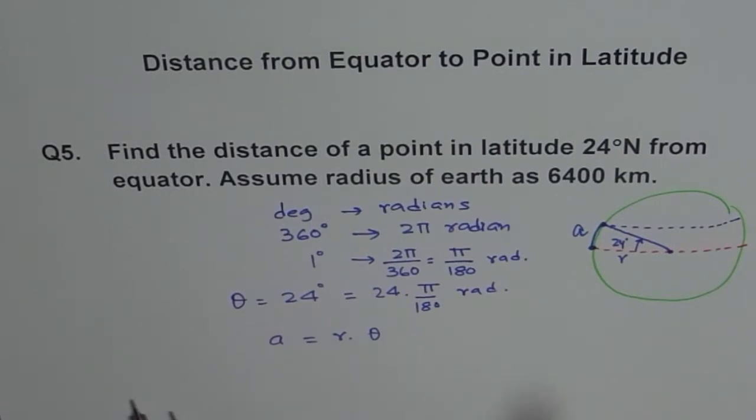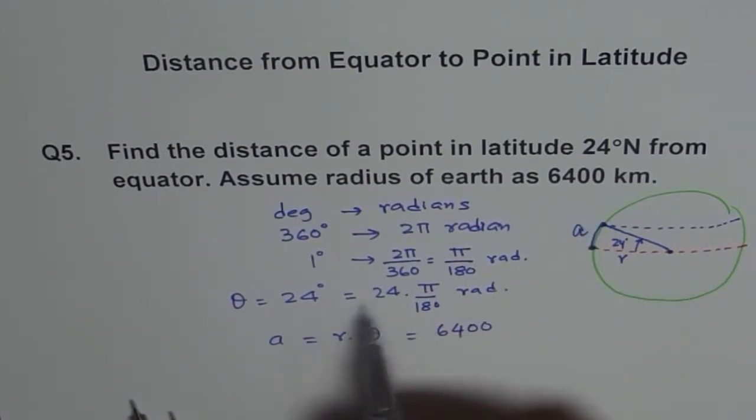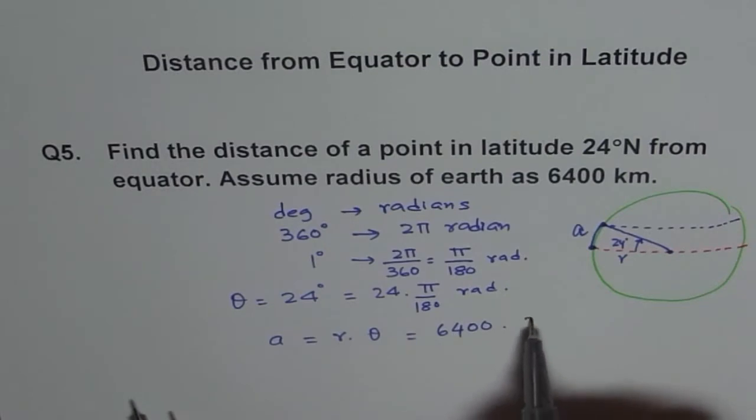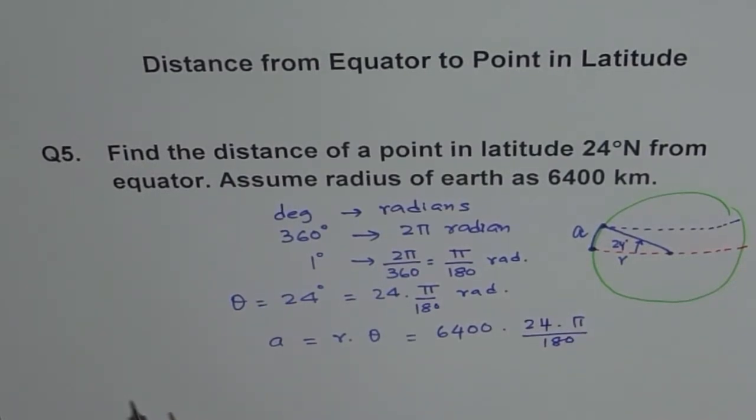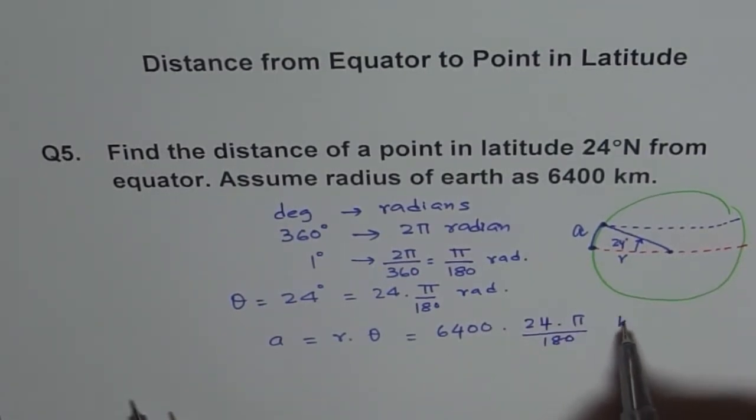The radius of the Earth is given as 6400 kilometers, and theta is 24 pi over 180.